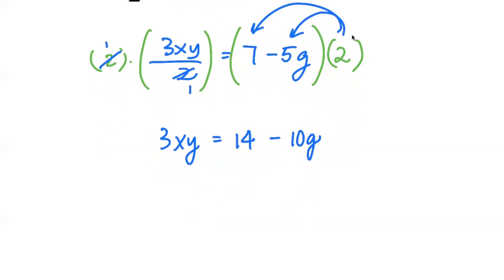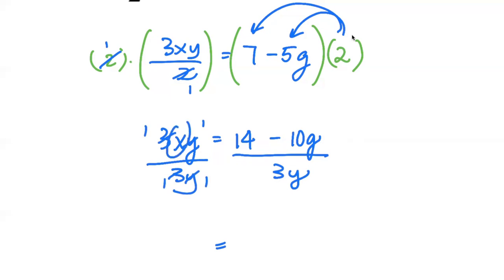How can we do that? Well, on the left is 3 times x times y. So let's go ahead and do the opposite. Let's go ahead and divide by 3y on both sides. So the 3 would be gone. The y would be gone. So all that is left is just the x on the left.